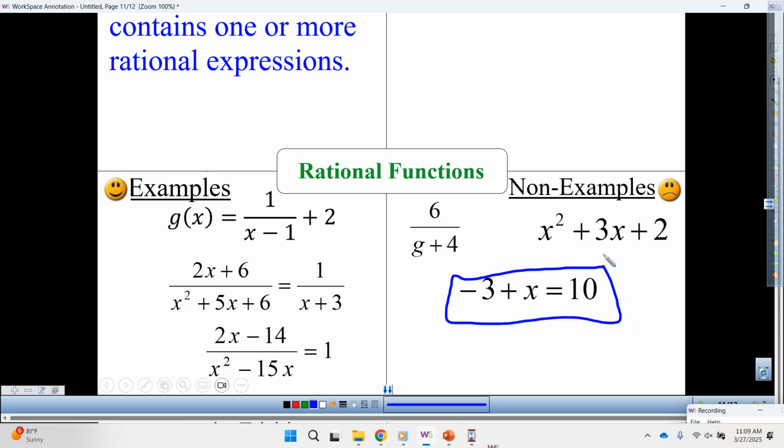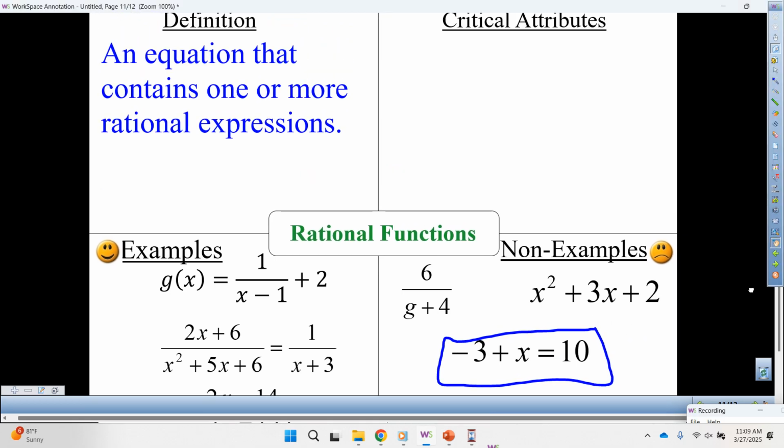Why is that one not a rational function? Get off those phones. Let's see. Looks like Enrique's got this. But we're going with Joseph. Why is that one not a rational function?